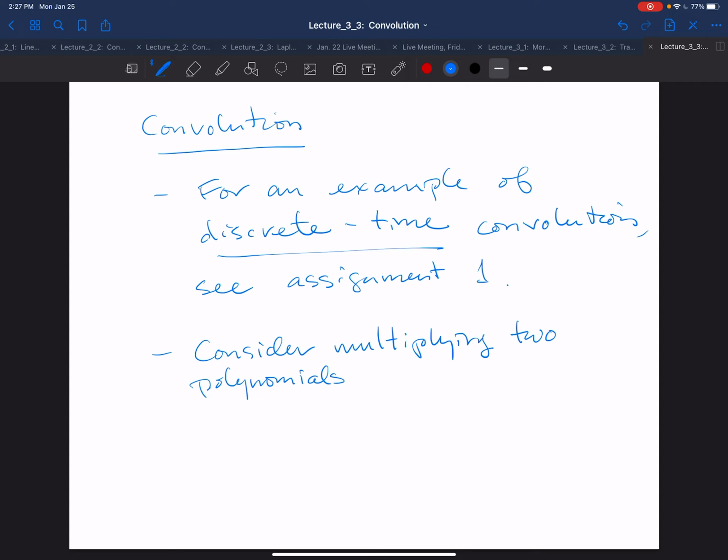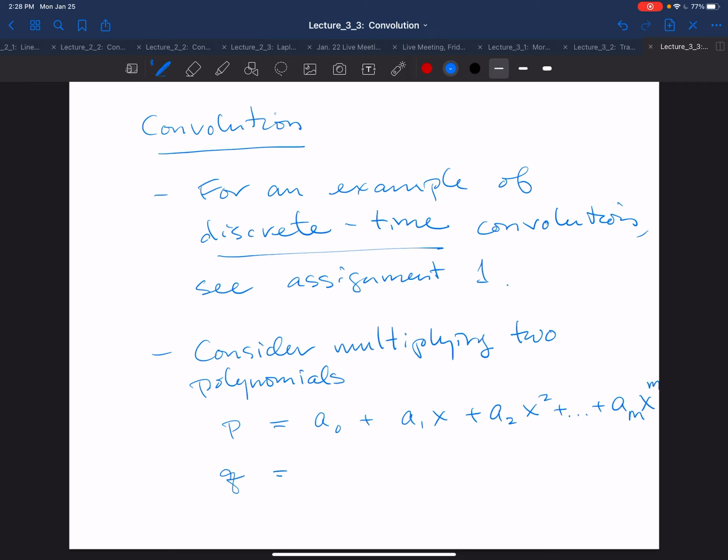So let's say we're multiplying two polynomials in a variable x. Let's say that P is A0 plus A1 x plus A2 x squared, and so on up to Am x to the m.